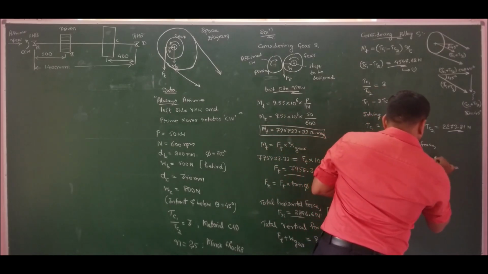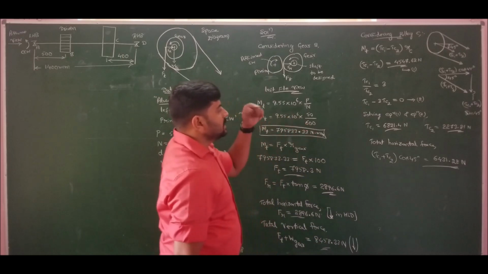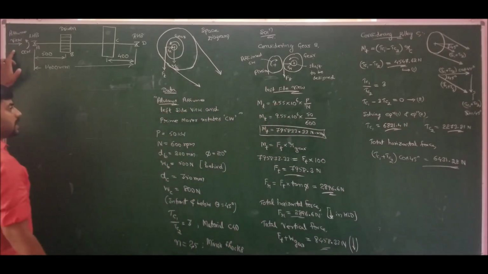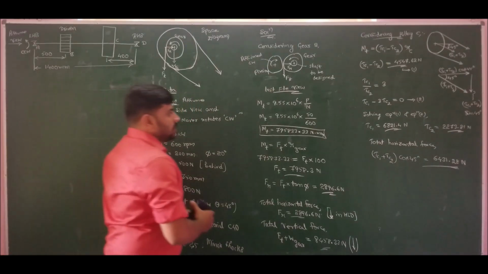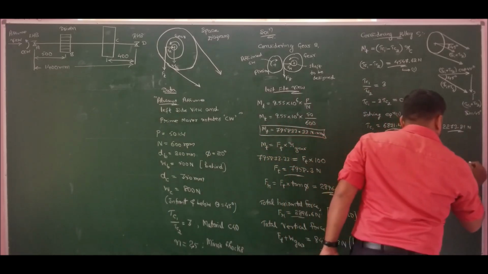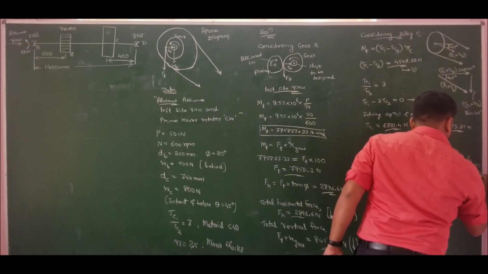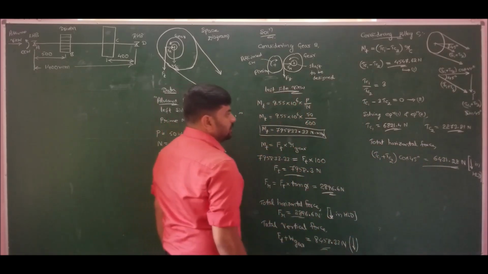The result is 6431.28 newtons. Now if you observe, (TC1 plus TC2) cos 45 is also moving away from the observer. This is the view direction. When I view from the left side, it is moving away from the observer. Therefore I should show it as acting vertically downwards in the HLD, because the force is acting away from the observer.